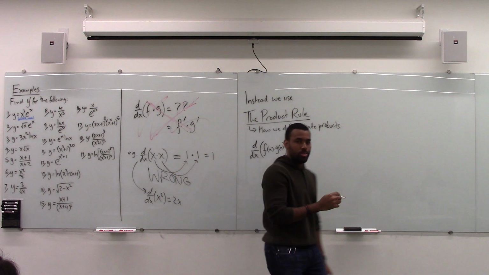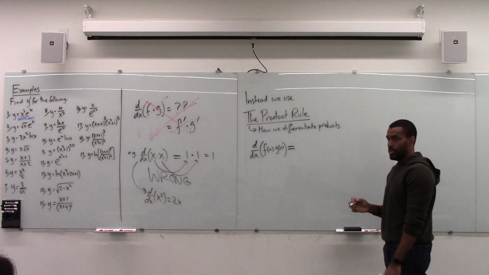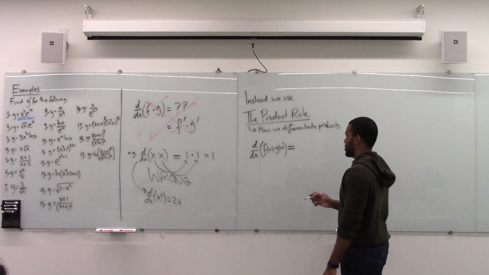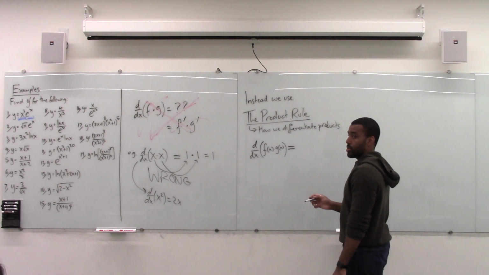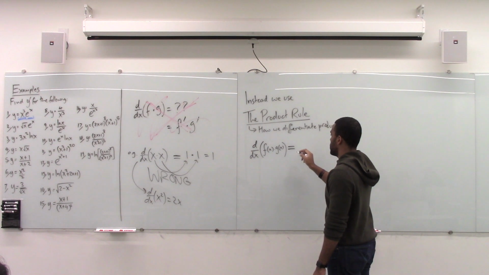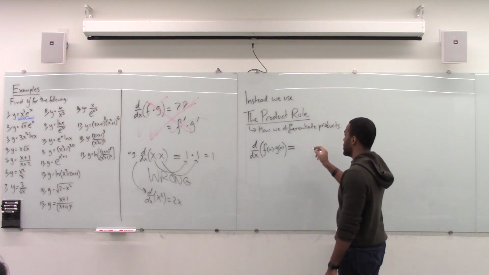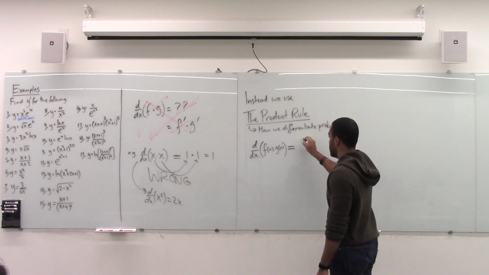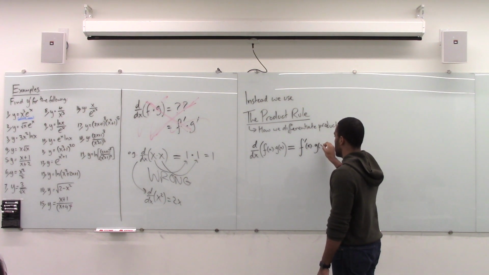Did anyone know? Yeah? U times v prime plus v. Oh, so you're using the u and v. In this version, you would take the derivative of the f, you would leave the g, and then?